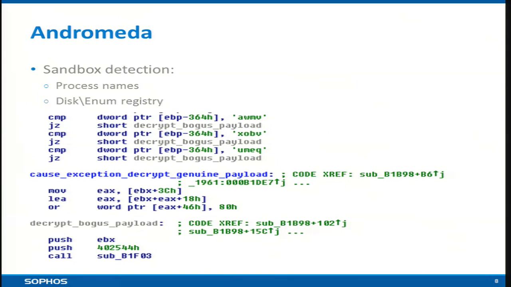If it doesn't detect that it's running in a sandbox, it decrypts and executes a different payload. So the important point there is that if you dump the memory of an infected system where a sandbox was detected, you have no evidence of the genuine payload because it was never decrypted. So it's not that easy to tell that there's anything untoward gone on unless you've traced through the actual execution of the sample.